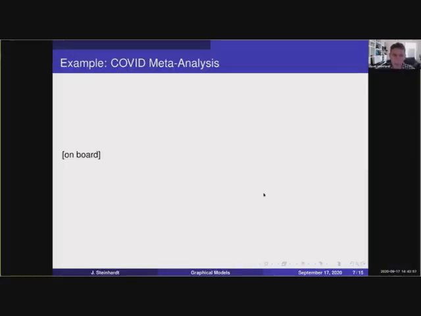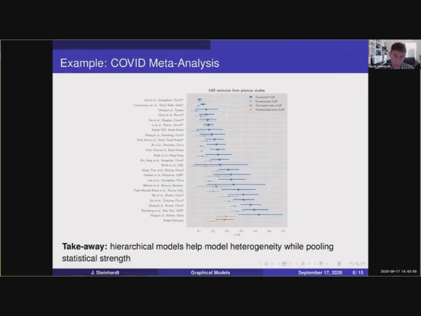Okay, so let me just show you the results just because they're kind of interesting. I guess there's a bunch of studies, so the font's a little bit small. I haven't told you how to actually compute the posterior here.